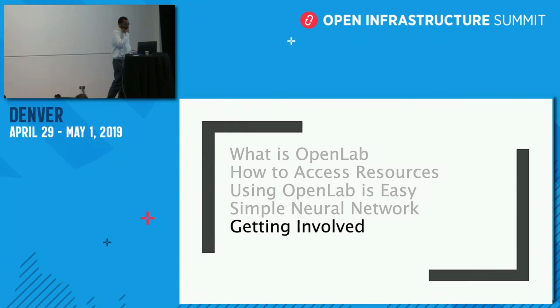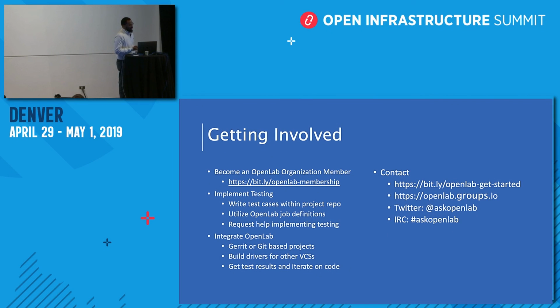All right. So how do you get involved? You could be a person who just wants to help publish things, or who wants to work with some of these open source projects, or a number of different things that we haven't even thought about yet with OpenLab that you think would make the project great. With OpenLab membership, there's no CLA, I think it's called a CLA.